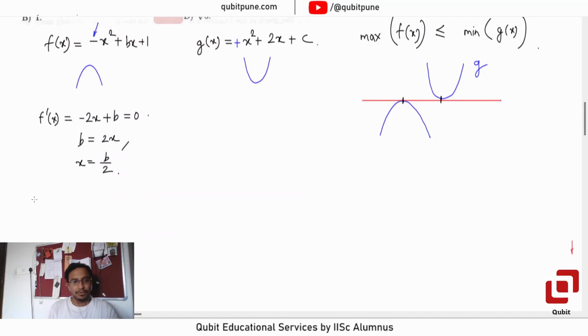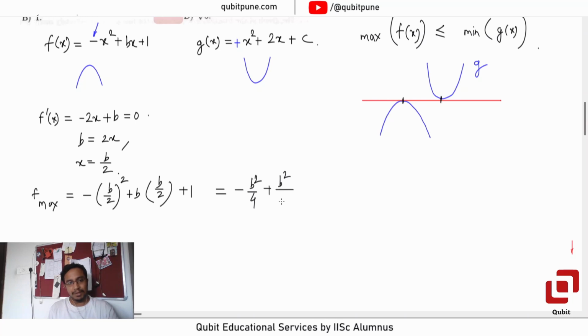Okay, so what will be f max? F max will be negative b by 2 squared plus b into b by 2 plus 1. So negative b squared by 4 plus b squared by 2 plus 1.